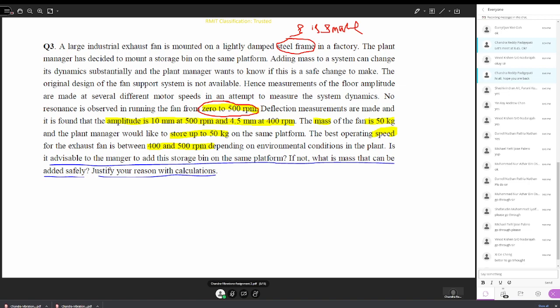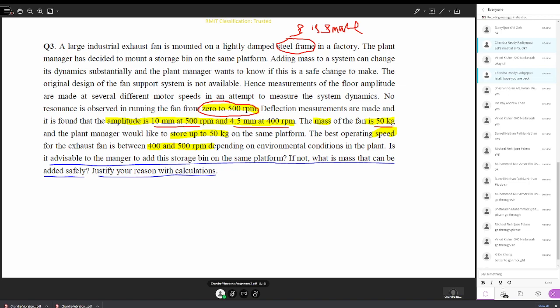Then deflection measurements are made and it is found that the amplitude is 10 mm at 500 RPM and 4.5 mm at 400 RPM. So he knows the amplitude at different rotations per minute. Okay, one is 10 mm, the other one is 4.5 mm.